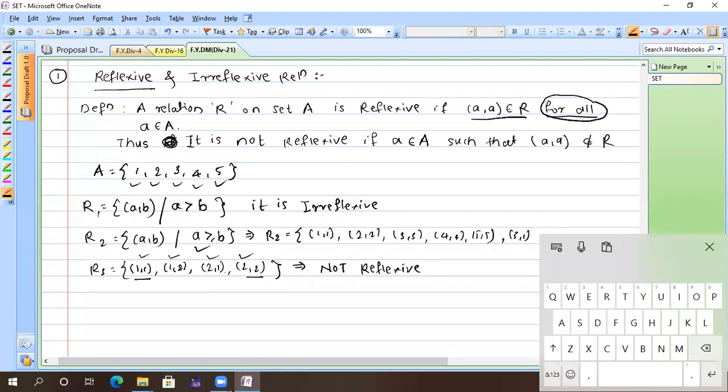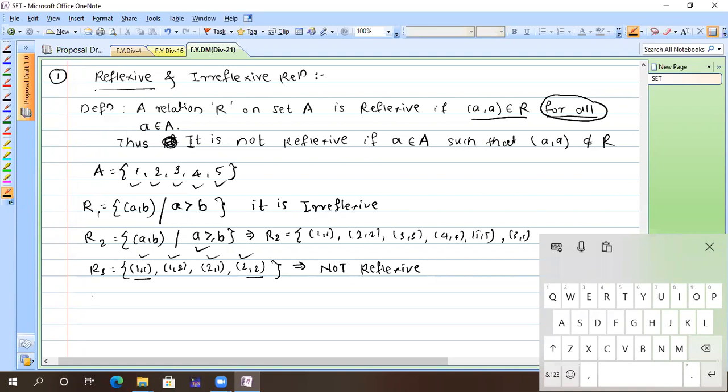I have set A and R3, a relation on A. We should have (1, 1), (2, 2), (3, 3), (4, 4), (5, 5) in the relation, then it is reflexive. But right now I have only (1, 1), (2, 2). We don't have (3, 3) or (4, 4), so it is not. Got it?